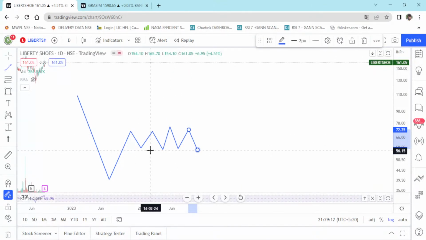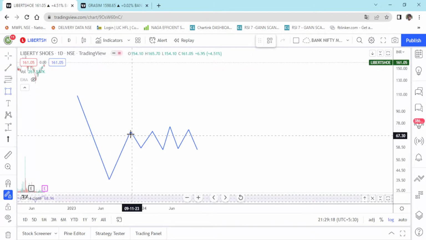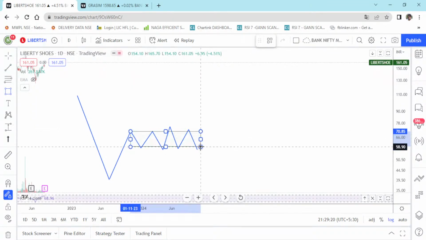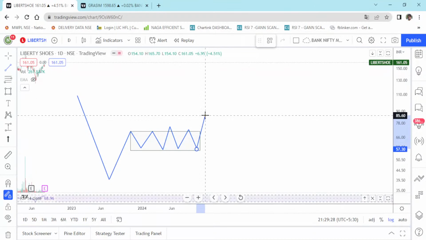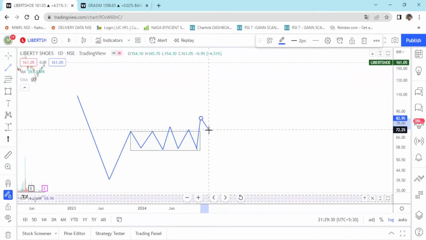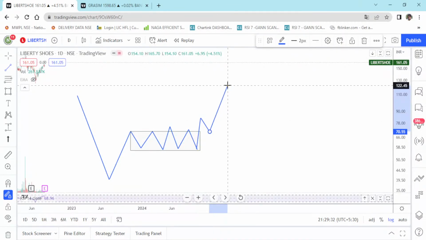It can last for months or even years. But we can identify the consolidation because it forms a rectangle pattern, and when the rectangle is forming, the stock can rise, come back to retest, and then fly. So this is one advanced kind of trend continuation pattern. We call this the rectangle pattern.